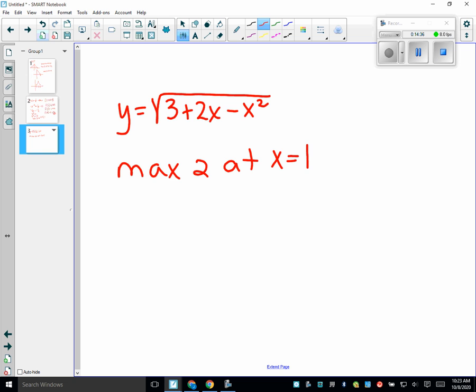I get 1.732. Why do we have to move it up? You have to get it to the left and hit enter, and the right and hit enter. Y equals 2. Mine is max 1.732. That's what mine says too.